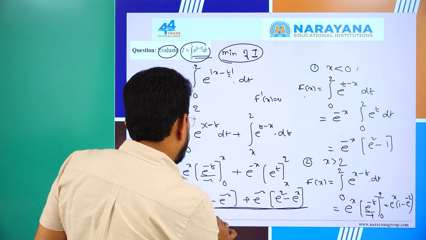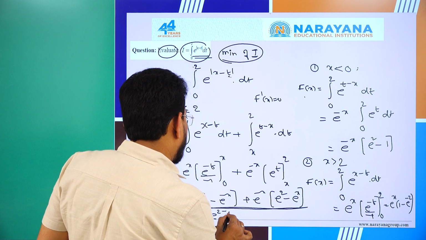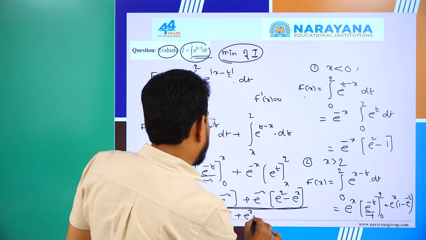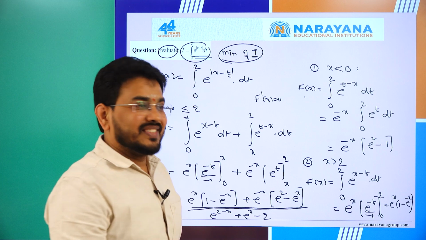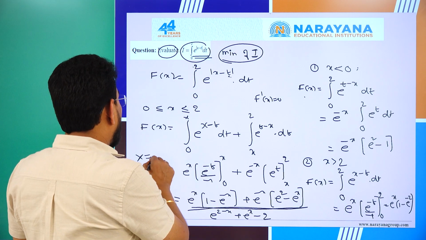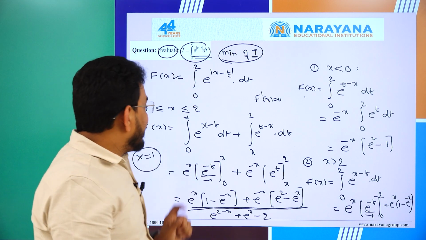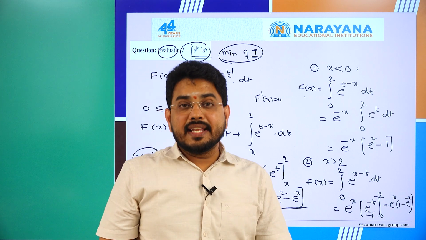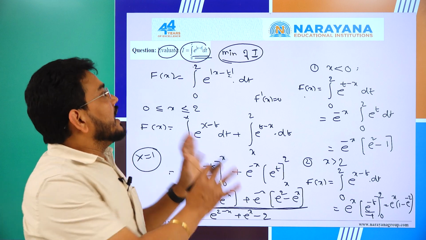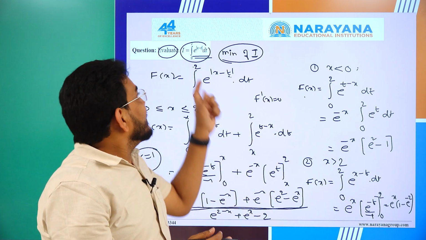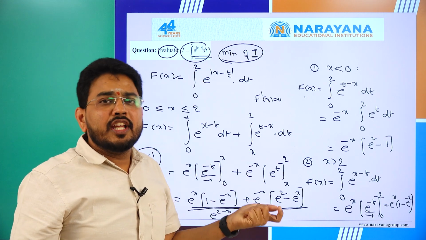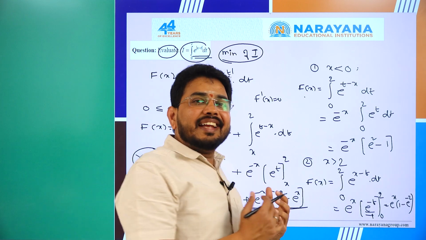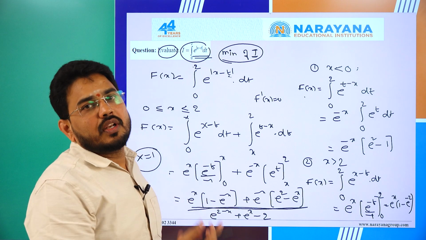Okay, so you will be getting e power 2 minus x plus e power x, and this is minus 1 minus 2. So at x is equal to 1, you will have the minimum value. Substitute x is equal 1, you will be getting the final answer. Yes, among the questions so far we solved, this question is lengthy and tricky also. You require some additional concentration to solve this question.